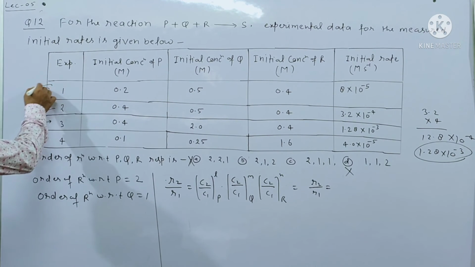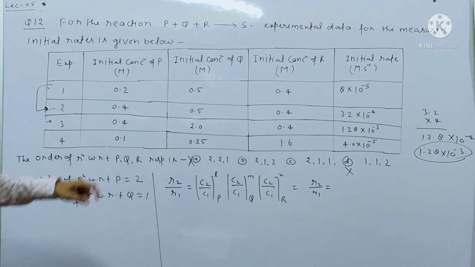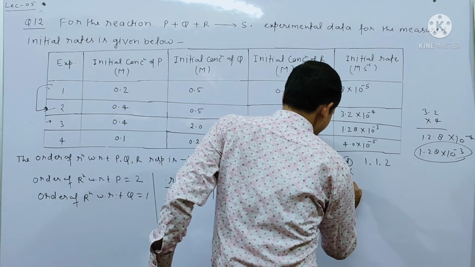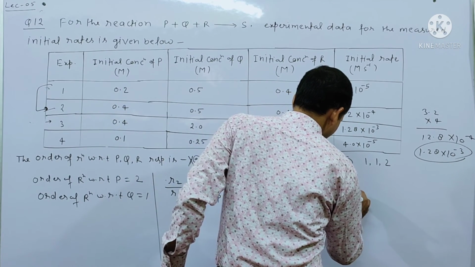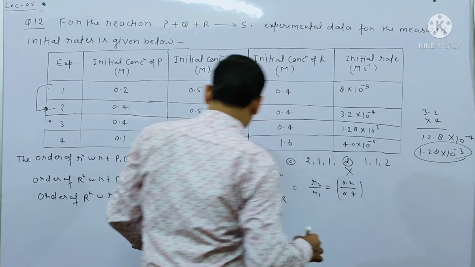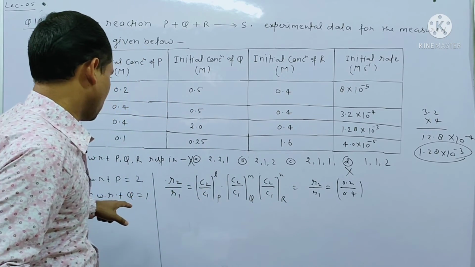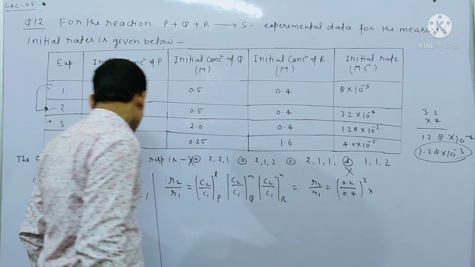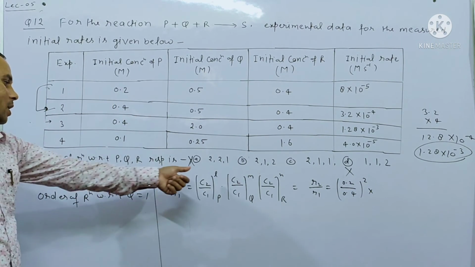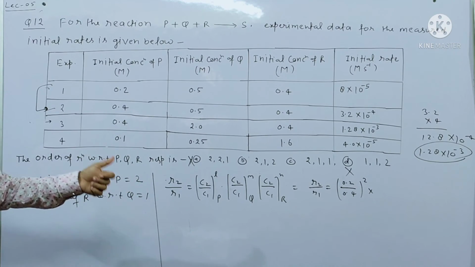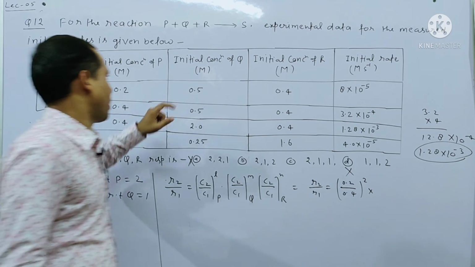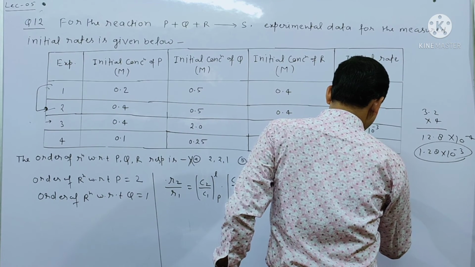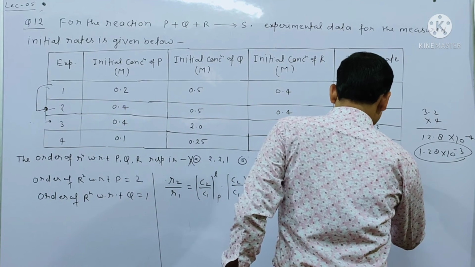For P, C2 upon C1 is 0.2 upon 0.4, to the power L, where L is the order, which is 2. Now C2 upon C1 for Q is 0.5 upon 0.5, and the order is 1.